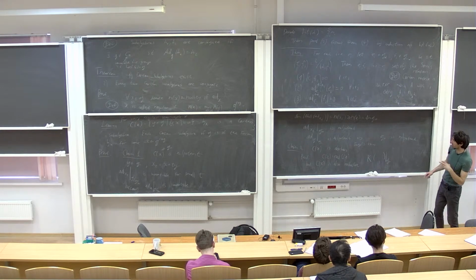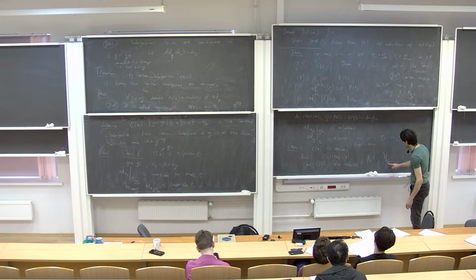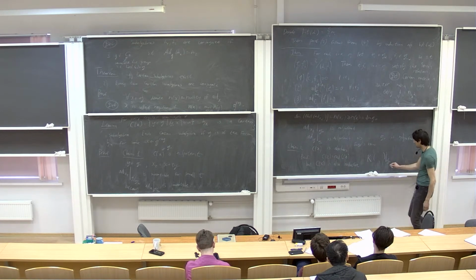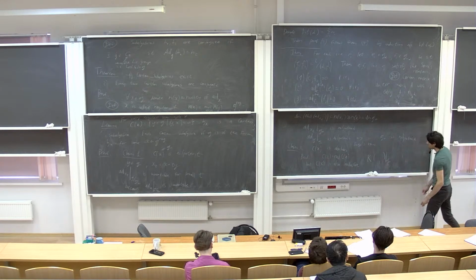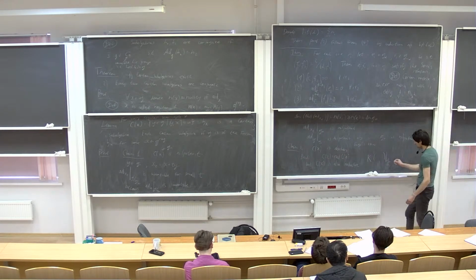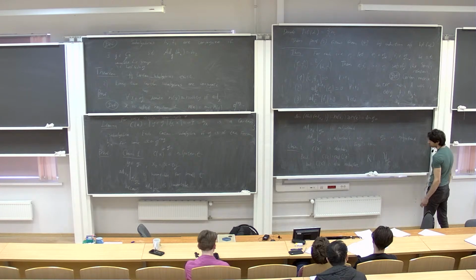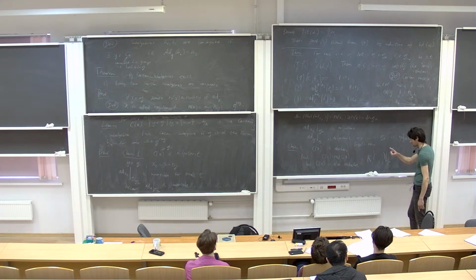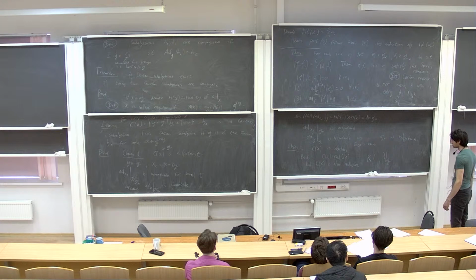It still works. Before we had this to be a Cartan subalgebra, but we don't need all these additional assumptions on the Cartan subalgebra. We just need this for a single element, the decomposition into eigenspaces.